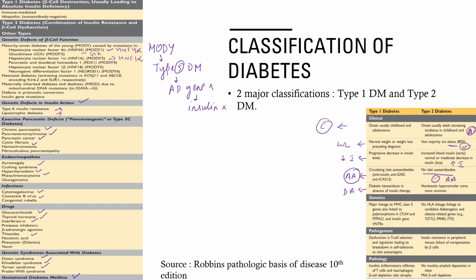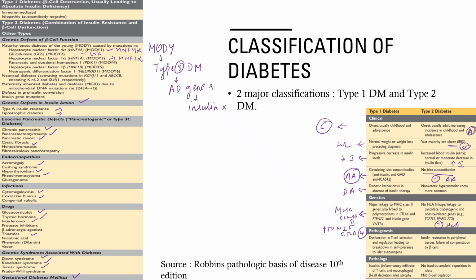Now, genetically, in type 1 diabetes mellitus, there is a linkage to the MHC class 2 genes and also polymorphisms in the PTPN22 and CTLA4 genes. In type 2, there are no HLA linkages.